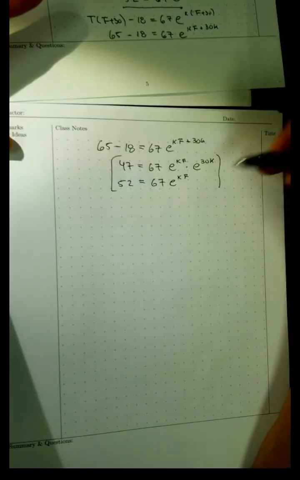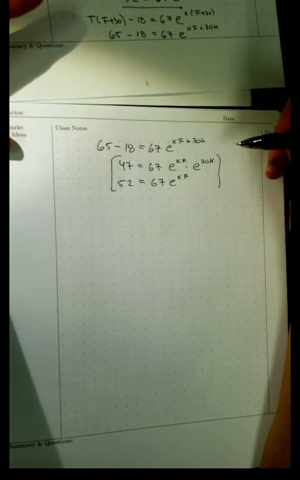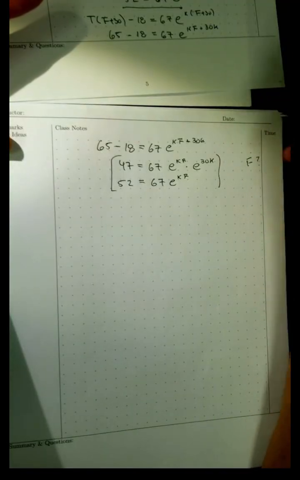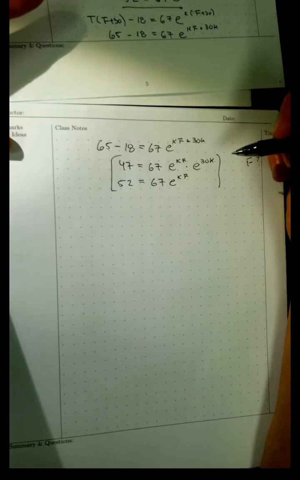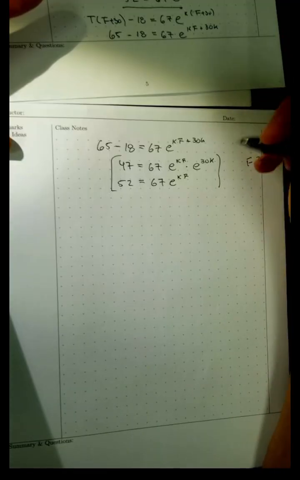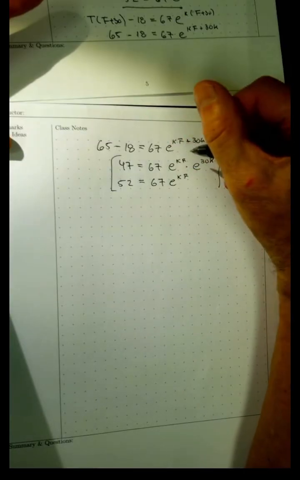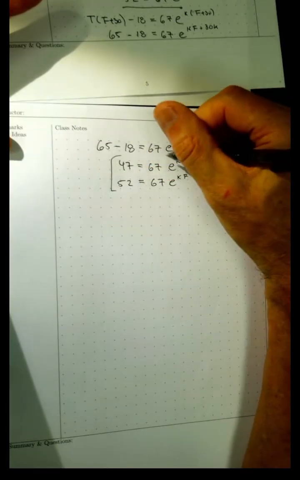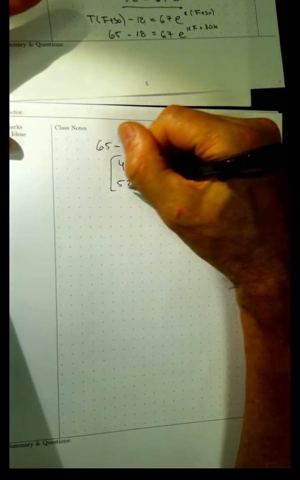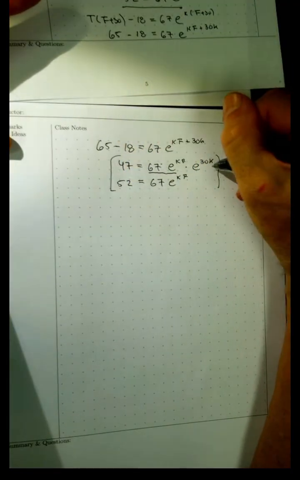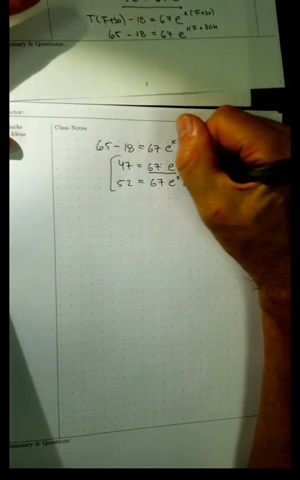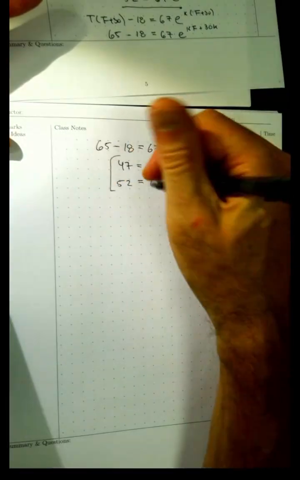So I have two equations, two unknowns. I only care about f. I don't see any shortcuts here. All right, so I know that 67 e to the kf is 52, so I'm going to plug that into here, use that to get k, then use this equation to find f.